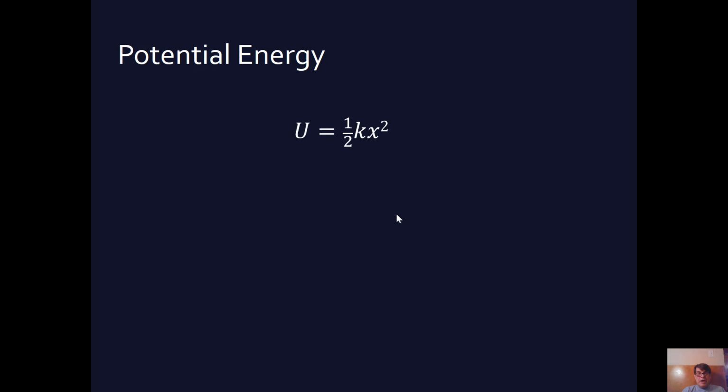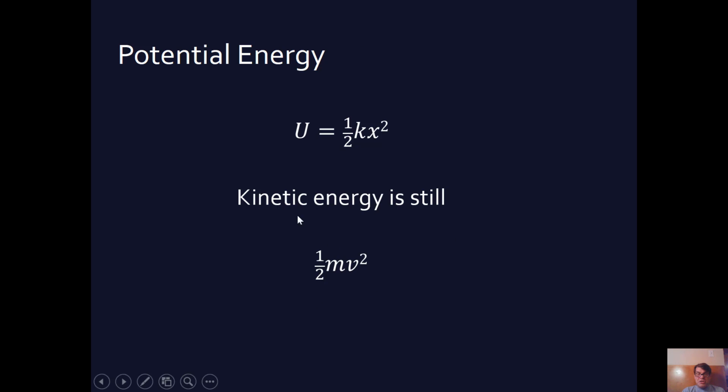Potential energy for a spring, I also said this in the previous video, is 1/2 kx squared, which is very much like 1/2 mv squared, isn't it? Anyway, that's neither here nor there. But kinetic energy is still 1/2 mv squared for a spring as well.